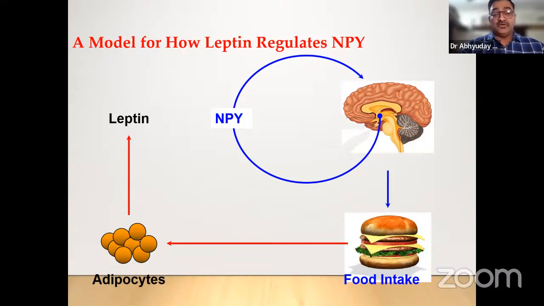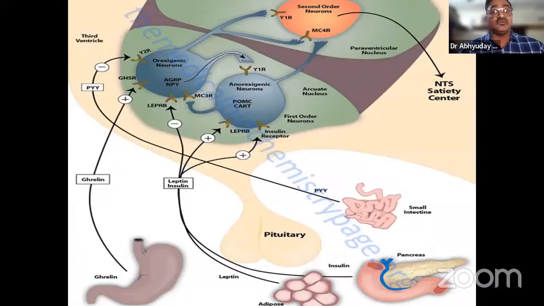So when food intake is more, adipocytes are there. With adipocytes, the signal leptin hormone is produced, and this excess leptin then decreases the level of neuropeptide Y to reduce the food intake and keep the body's weight under control.